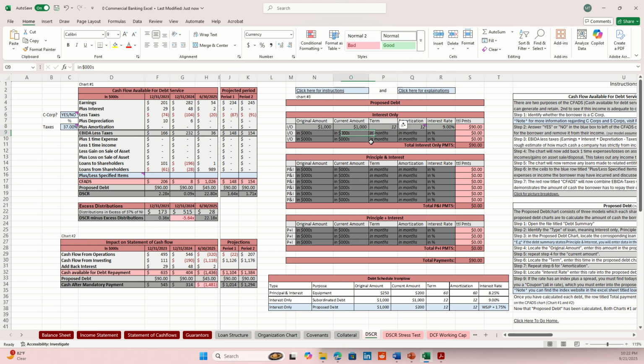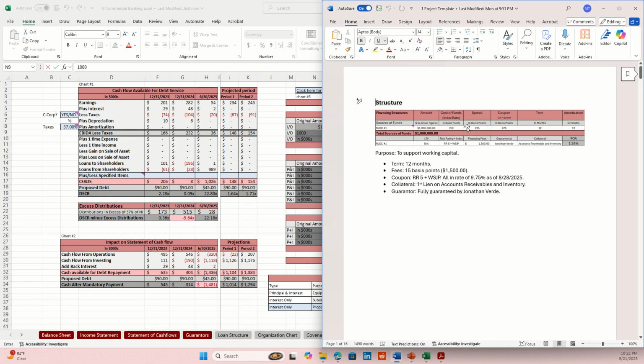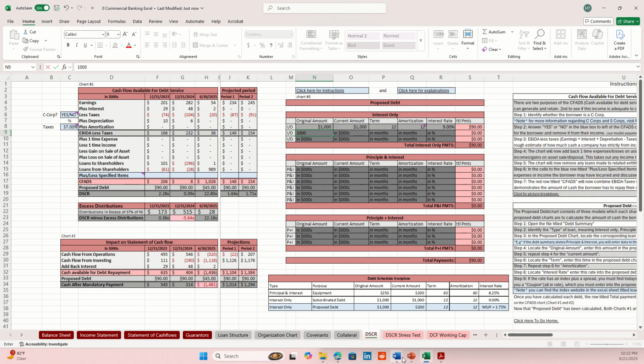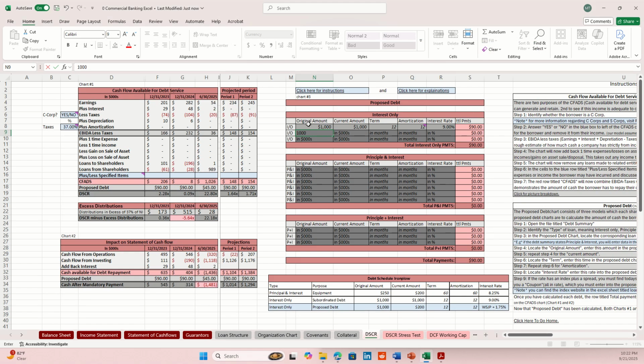Then they have the interest only proposed debt, which is going to be highlighted in light blue. In our debt schedule, we have 3 loans here, light blue, subordinated debt, principal, interest only. So now we're going to take that, we're going to put 1,000, 1, 2, 3.